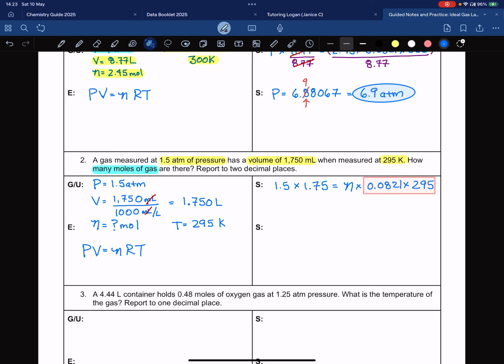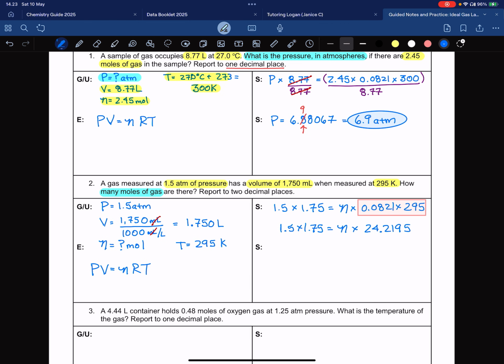So I'm going to leave the left-hand side the same. 1.5 times 1.75 is equal to N times. Now I'm going to take my 0.0821 times 295. 24.2195. I'm going to leave myself plenty of decimal places.